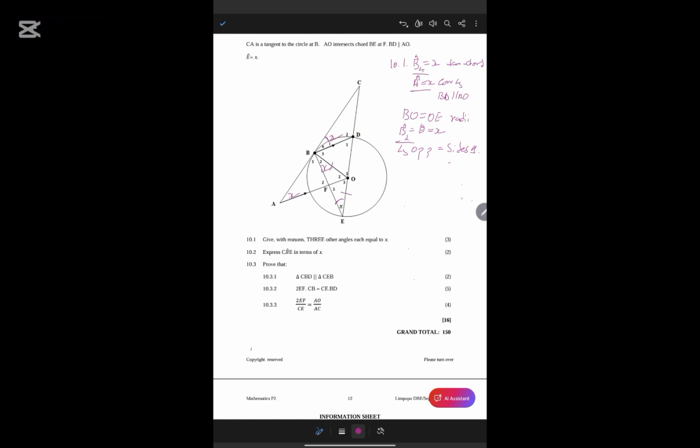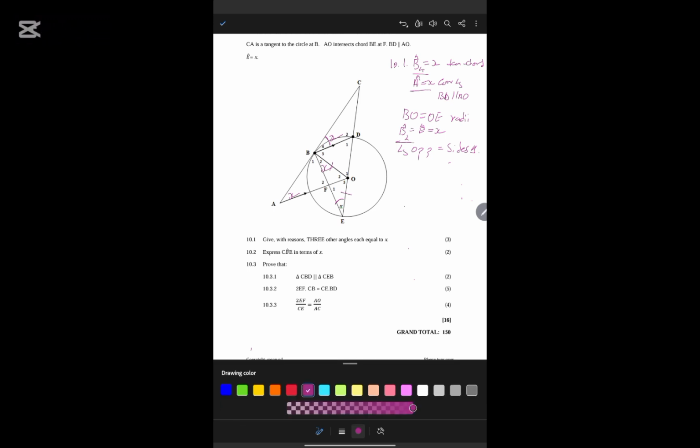10.2, they say determine the size of angle CBE in terms of x. We're looking for the size of angle CBE in terms of x.